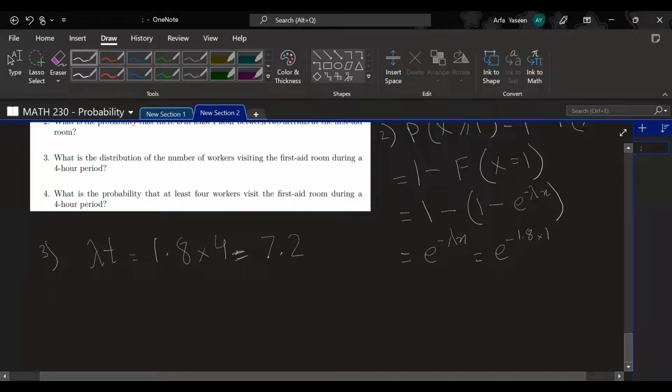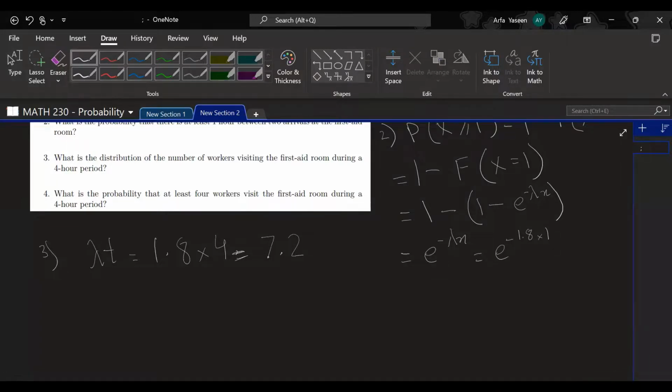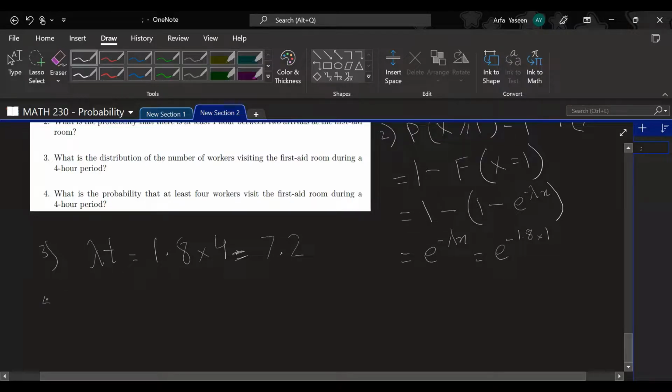In the next part, we are supposed to use Poisson distribution. What is the probability that at least 4 workers visit the first aid room during a 4-hour period? Denote the number of workers by W. At least 4 means the value is greater than or equal to 4.